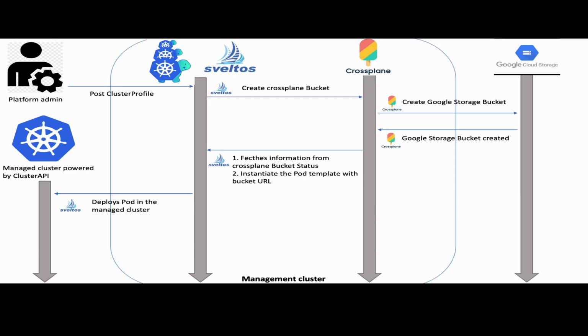And because now this pod has the information of the bucket URL, it can upload files to the Google Storage bucket. So in this case, we're using Sveltos to coordinate Crossplane before deploying, and then using the information coming from Crossplane to instantiate a template and deploy a pod in the managed cluster.